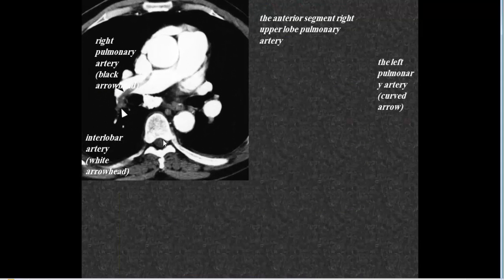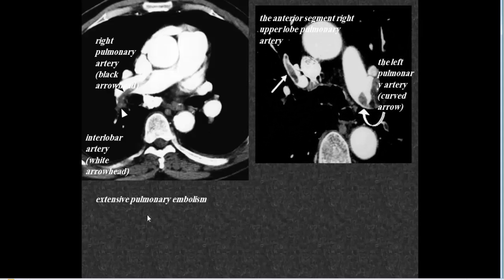Now we start. This is the right pulmonary artery, as we see. This is the interlobar artery. This is the right pulmonary artery with the black arrowhead. In this interlobar pulmonary artery we see a filling defect, an area of low attenuation, non-enhanced, and this is extensive pulmonary embolism.